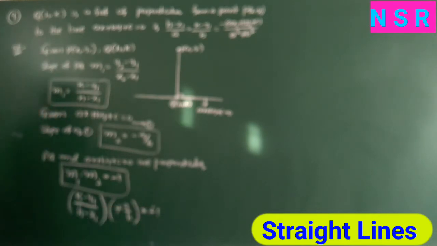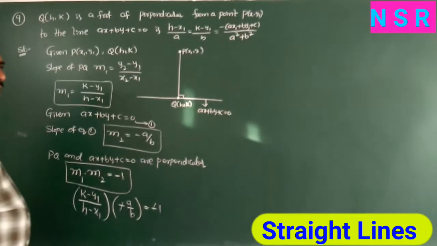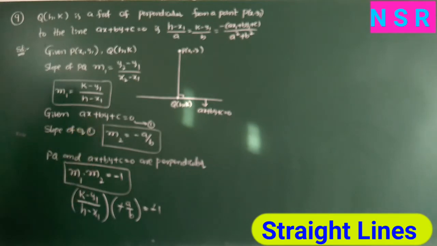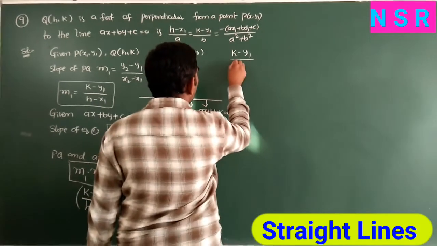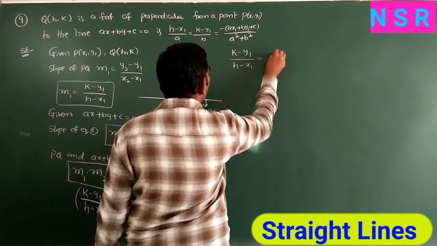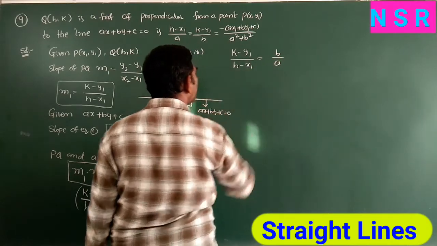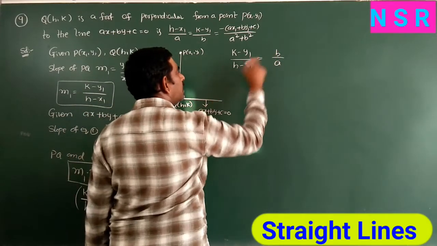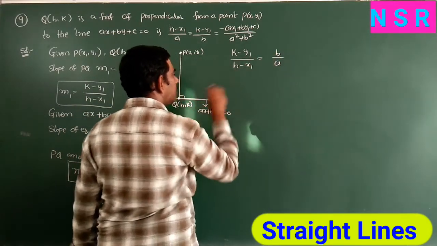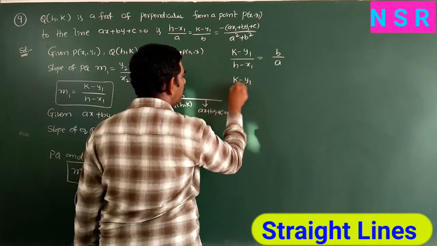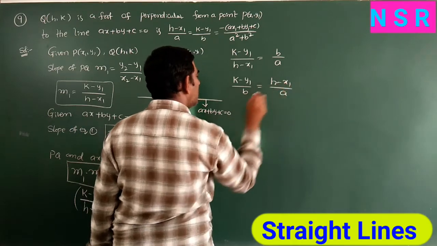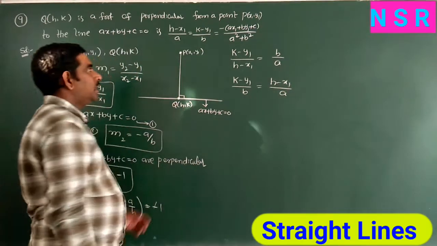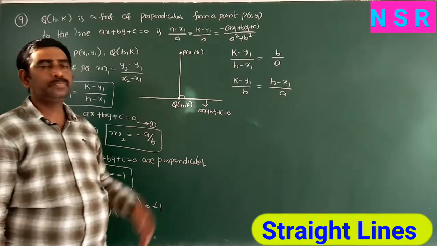Both sides minus get cancelled, a by b moves to the other side and reverses, we get k minus y1 by h minus x1 equal to b by a. Exchanging the values, we get k minus y1 by b equal to h minus x1 by a. So here we get half of the formula.